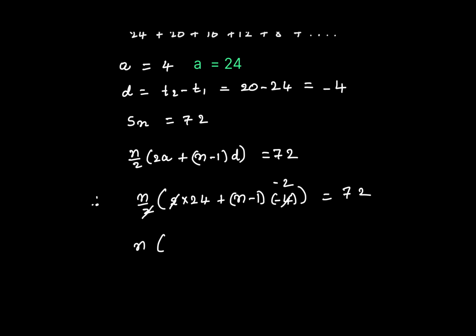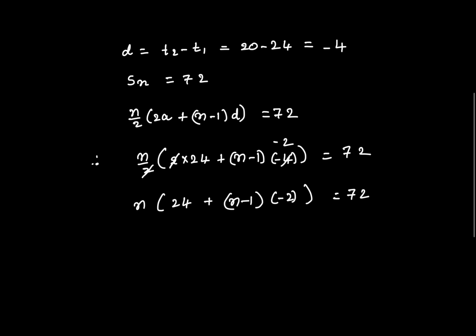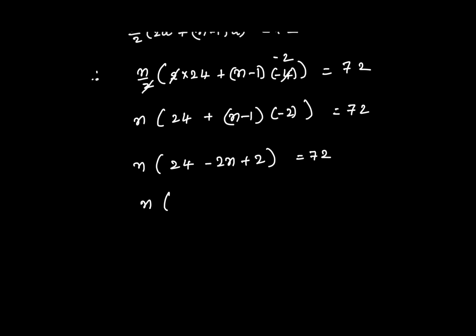So n into 24 plus n minus 1 into minus 2 equals 72. n into 24 minus 2n plus 2 equals 72, and 26 minus 2n, so 26n minus 2n square equals 72.